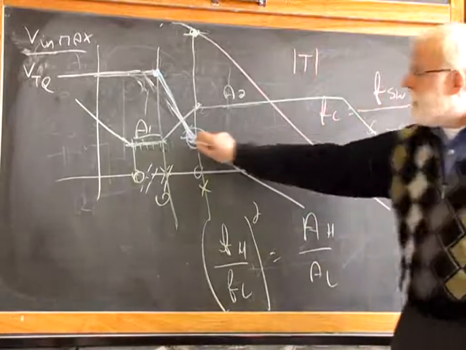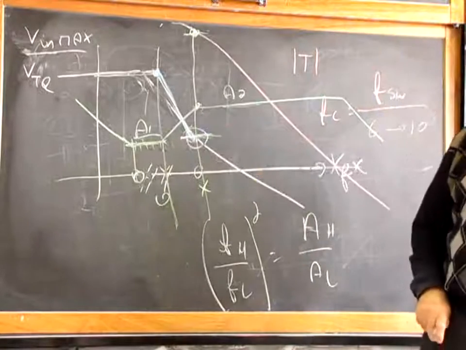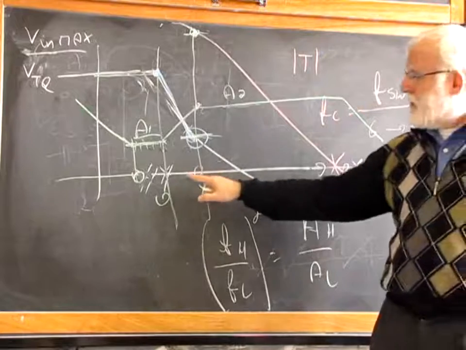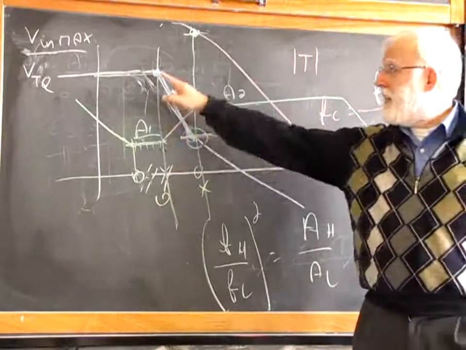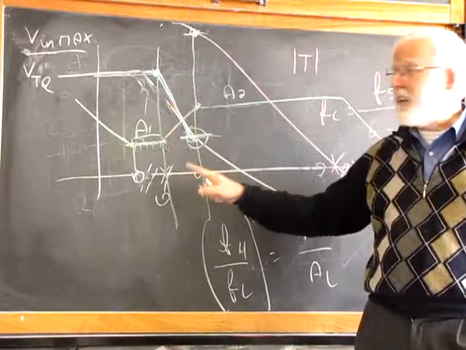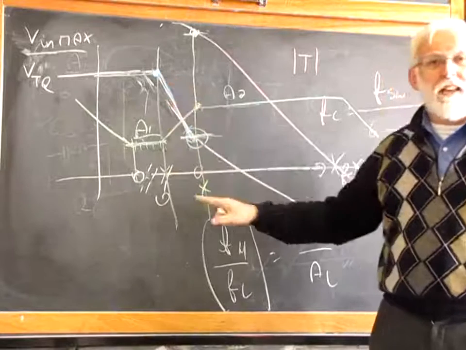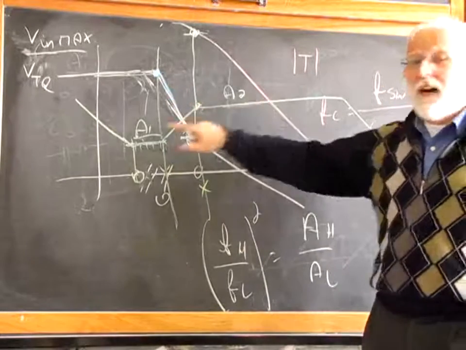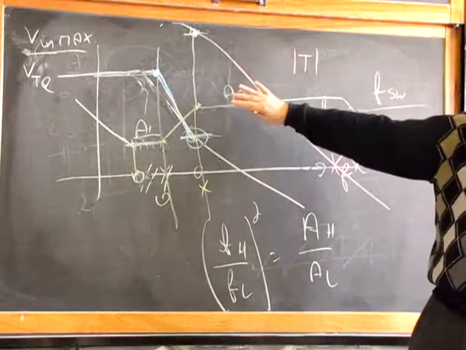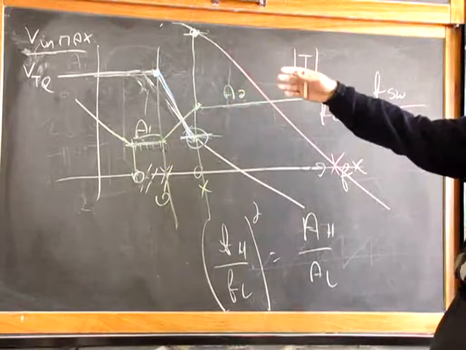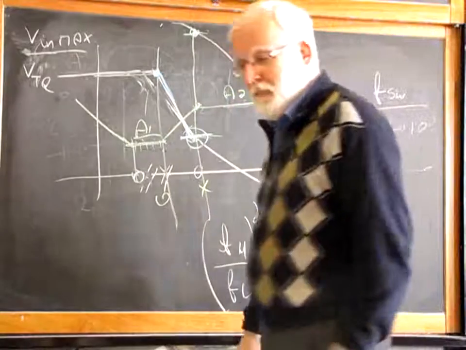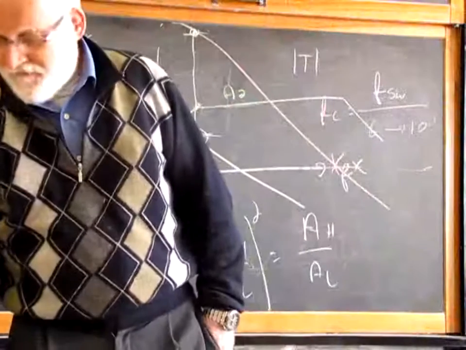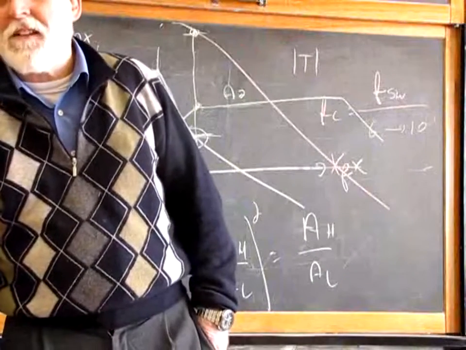Because we know this frequency and this frequency, the ratio of these two frequencies squared gives me the ratio of these two gains. Okay? So we can get A1, A2. We won't use A2. A2 is just there for a final check if we made too many mistakes in our calculations. Okay? Let's try an example.